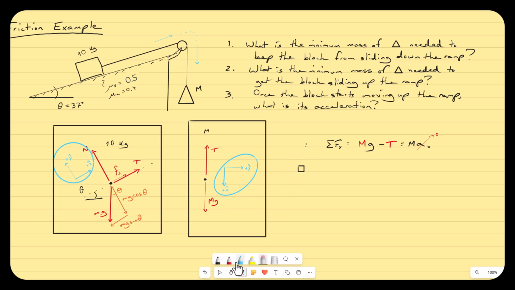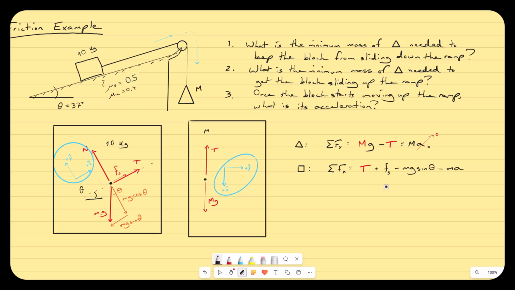I guess I could say this one was my triangle. For the block, looking in my x direction, I have T going up in the positive direction, plus fs, minus m1g sine theta equals m1a.